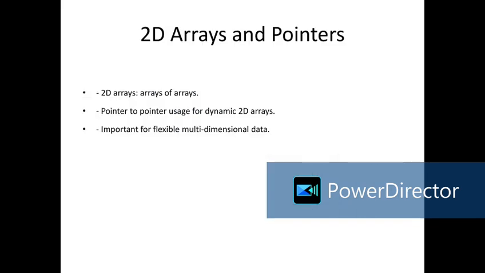2D arrays and pointers. Working with dynamic 2D arrays in C requires using pointers to pointers. Here is what a 2D array looks like: int matrix[3][4], 3 rows and 4 columns. But what if the size is not known at compile time?